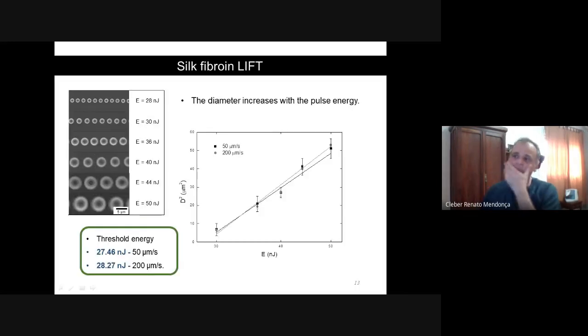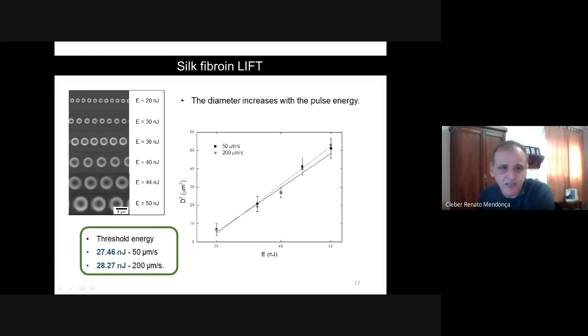Here are some studies we performed on the silk fibroin deposition. As you can see, depending on the energy, we have those small circles. Those are SEM, scanning electron microscopy, images of the fabricated structures.